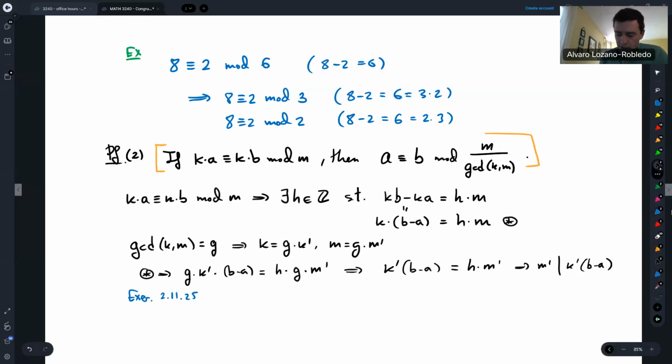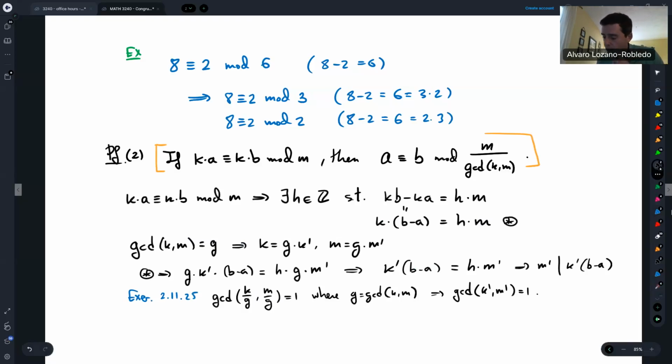What this says is that the GCD of K over G and M over G is 1, where G is the GCD of K and M. So that tells me that the GCD of K prime and M prime is 1.